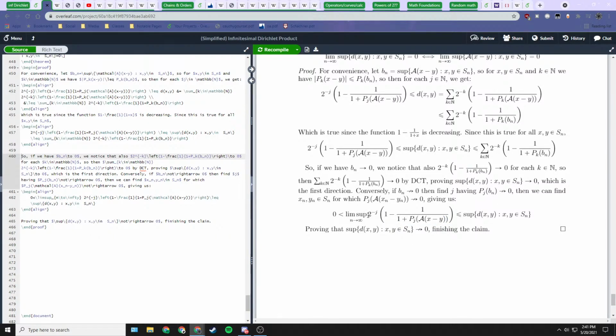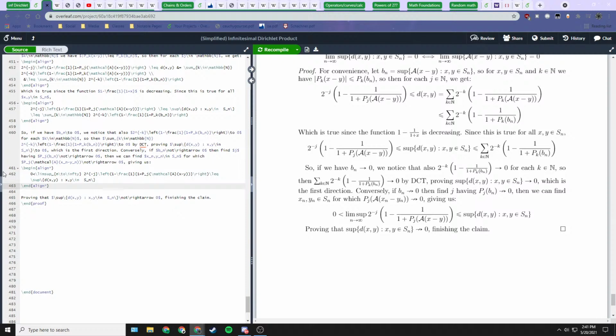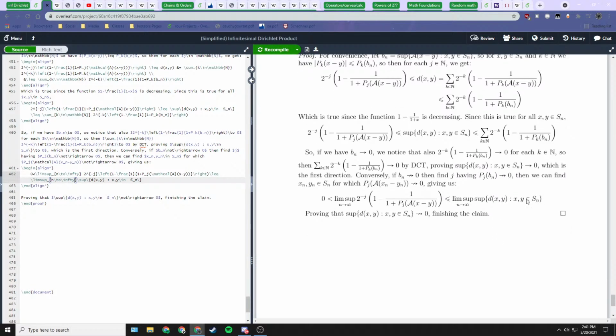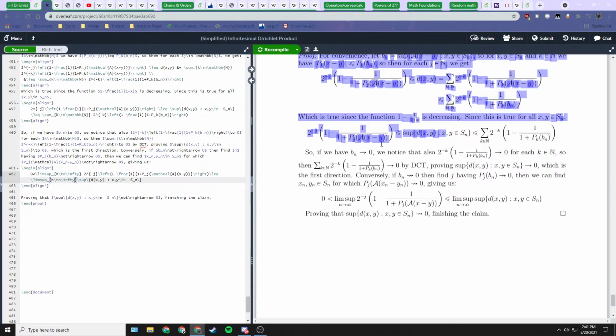And likewise, this exponent here is just a constant with respect to n. So this whole expression has a limit supremum that is strictly positive, but on each n it's also less than or equal to this supremum. So this is less than or equal to this limit supremum of these diameters. That's from this left inequality here.